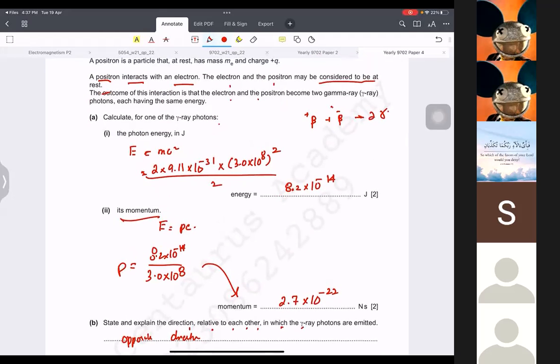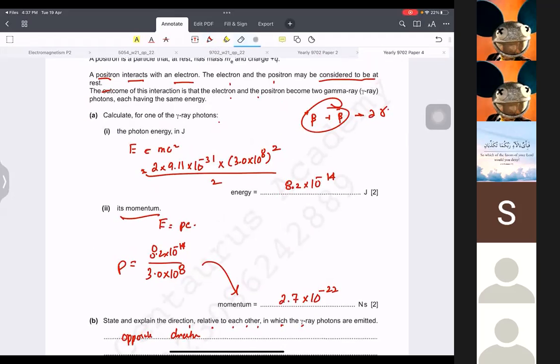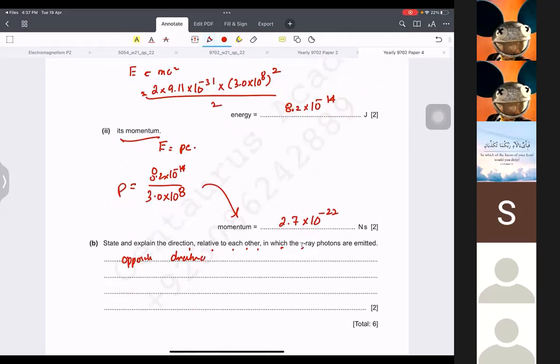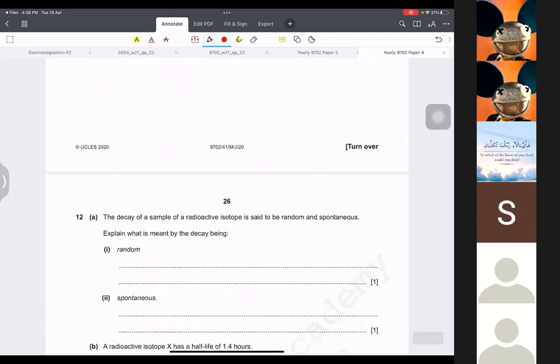Because when this pair annihilates, this is also in PET, they should go in opposite directions so that the law of conservation of momentum is applied. That's fine.